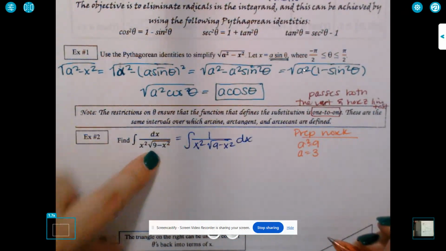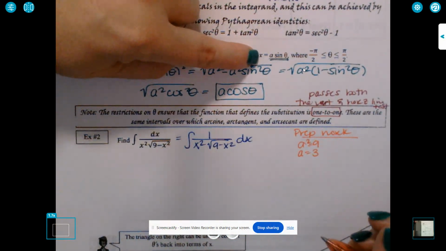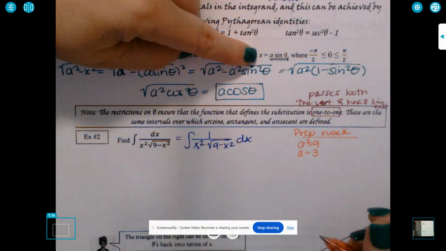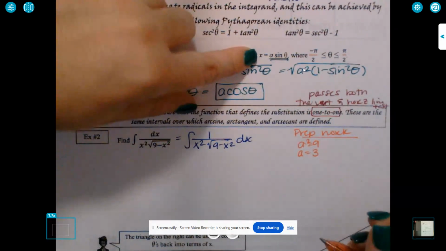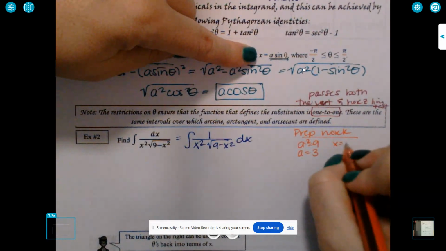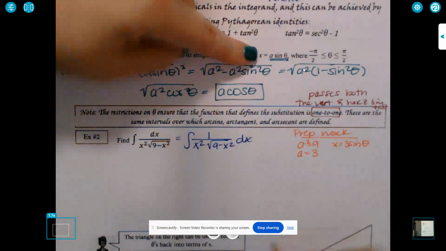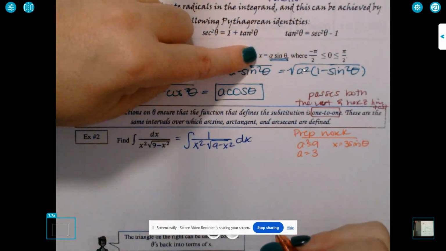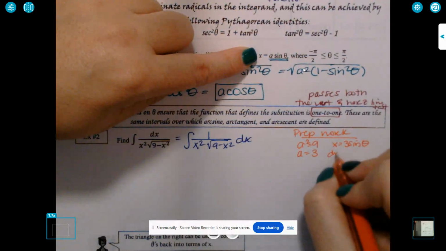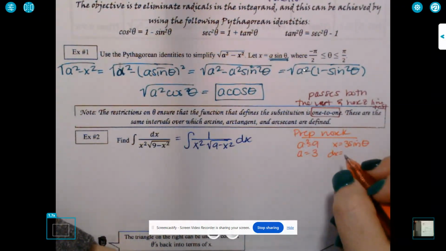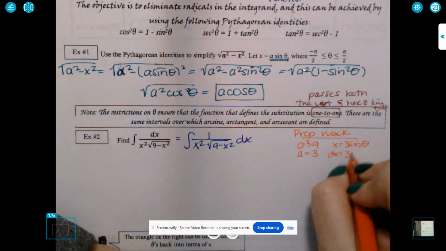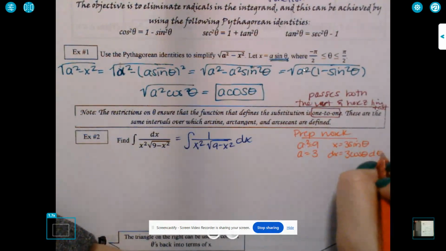So we're going to let x equal a sine theta, and a in this situation would be 3. So we're going to let x equal 3 sine theta. Therefore our dx would be 3 cosine theta d theta.